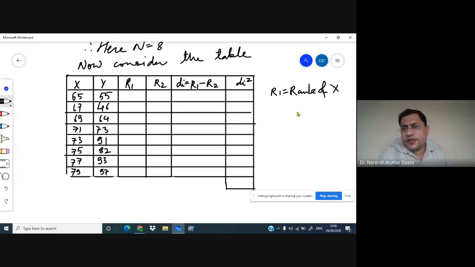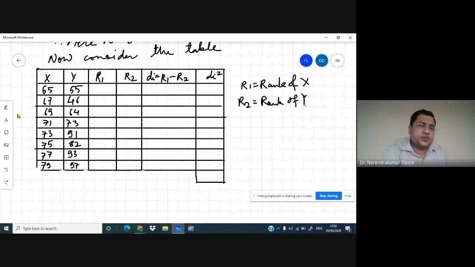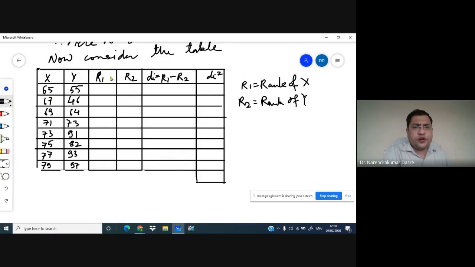Okay. So, let's have these ranks. What will you have for R1? One thing you need to remember: maximum marks, better rank. So we can have 1, 2, 3, 4, 5, 6, 7, and 8.